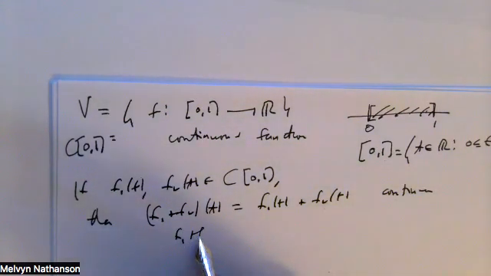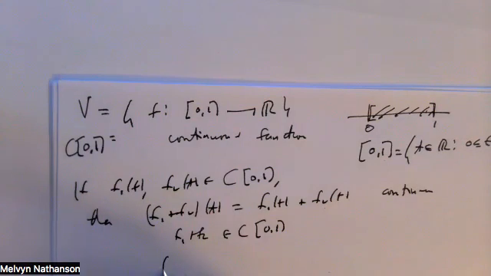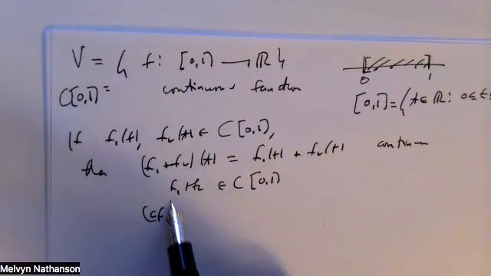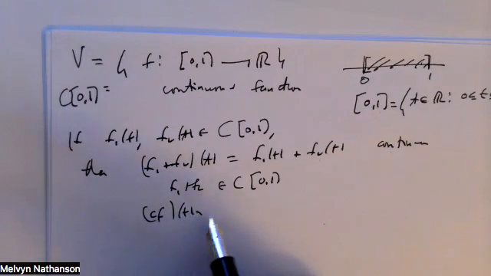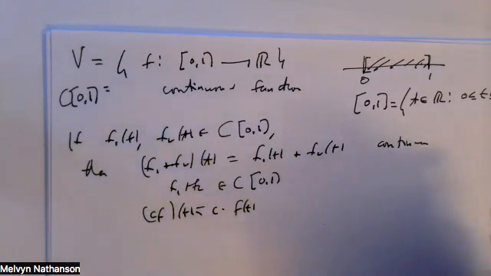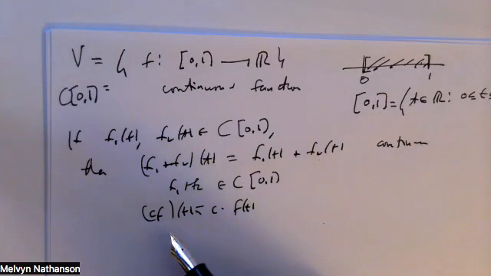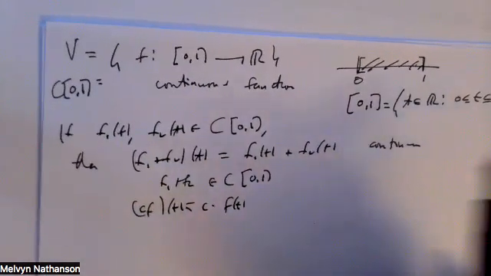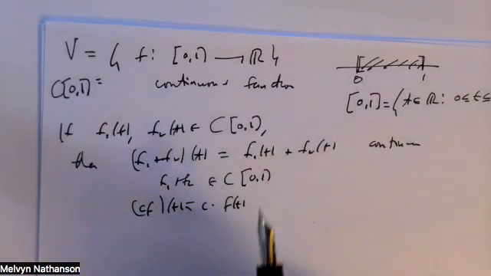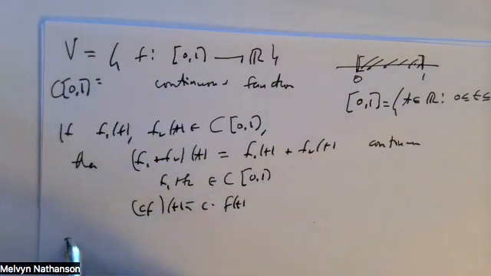And f1 plus f2 is another function from [0, 1] to R. Also, if you take a function f and multiply it by a scalar c, you define the function cf of t to be just c times f of t. So with this standard definition of addition of functions and multiplication of functions by a number, this is a vector space. So C[0, 1] is a vector space.